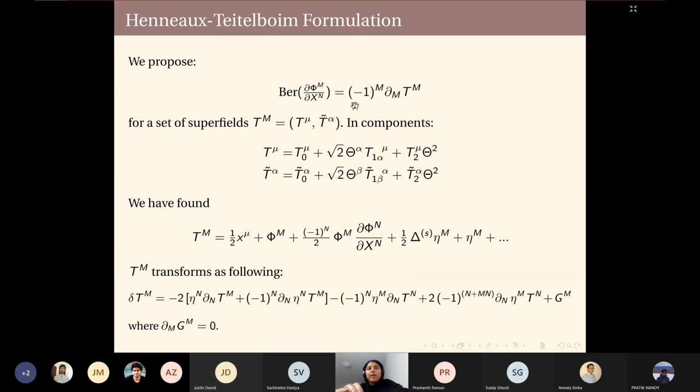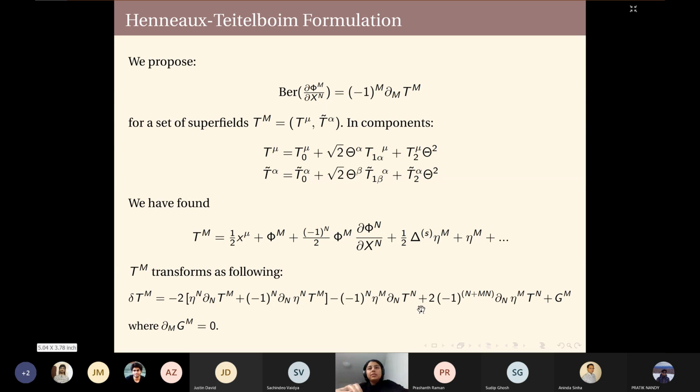So basically, to write the Berezinian like this, where this field T^M, where this index capital M can take values mu, which are for Lorentz indices, and alpha for spinor indices, and these are the components. So we have managed to find what this field T^M will be like up to a certain order. And we think that it might be possible to write a general formula for higher order terms, such that you can tell what the term at any given nth order would be.